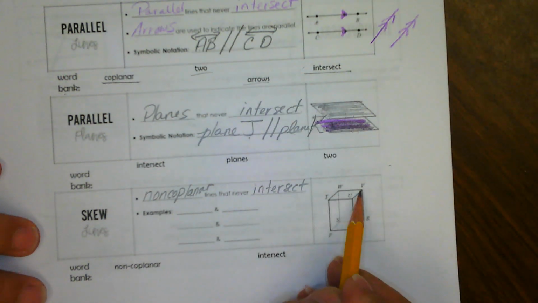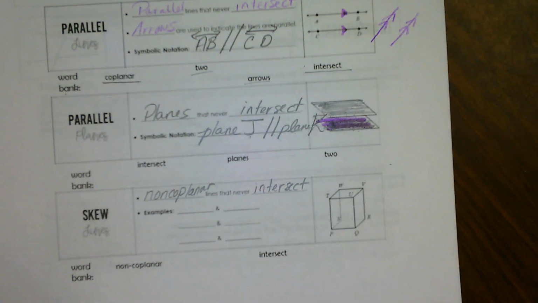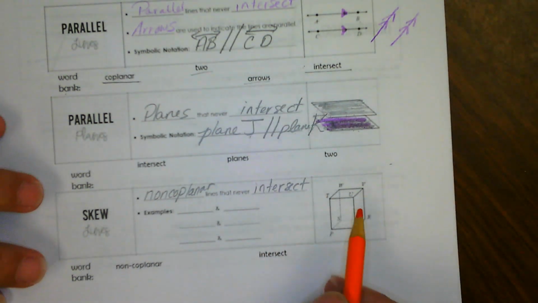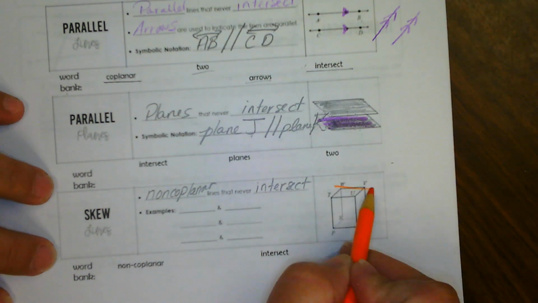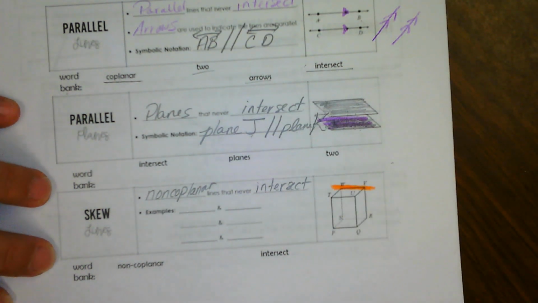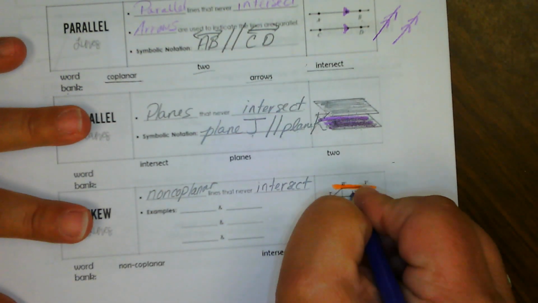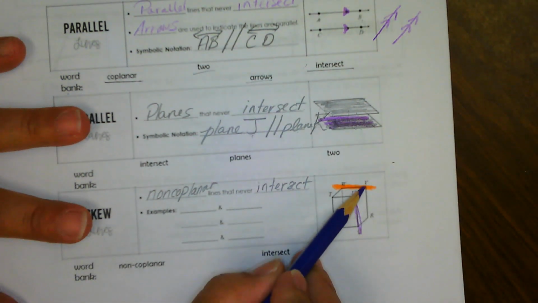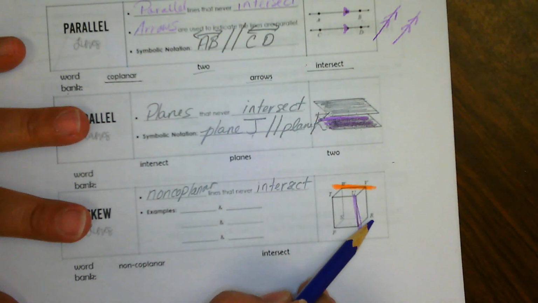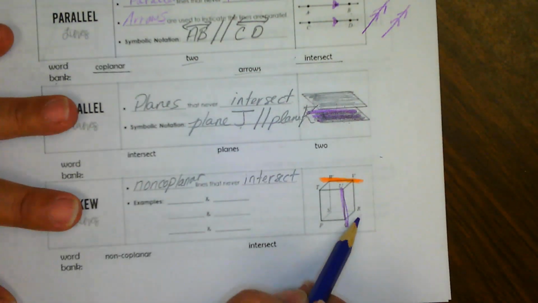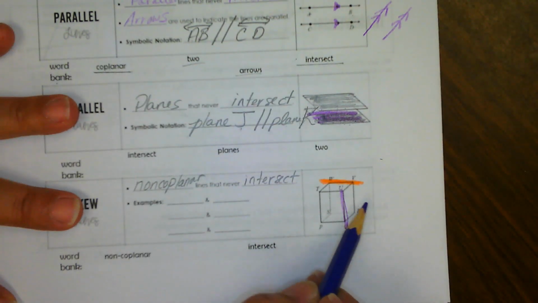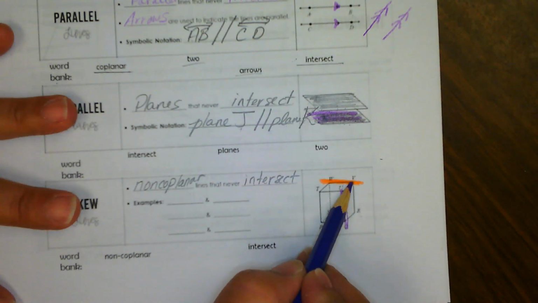So if I wanted to talk about two lines on this figure that were skew, an example would be like W to V back there and U to Q. Now I couldn't pick V down to, is that an R? R right there. Because those guys do intersect up at that point.